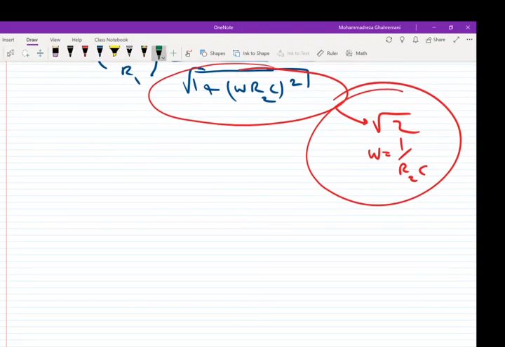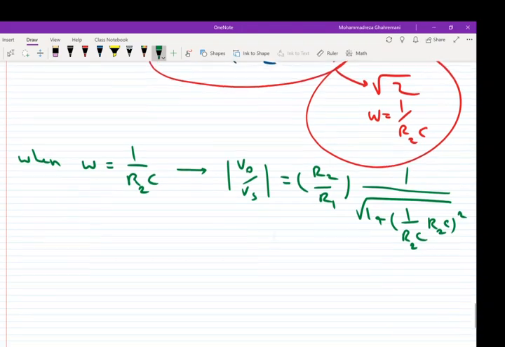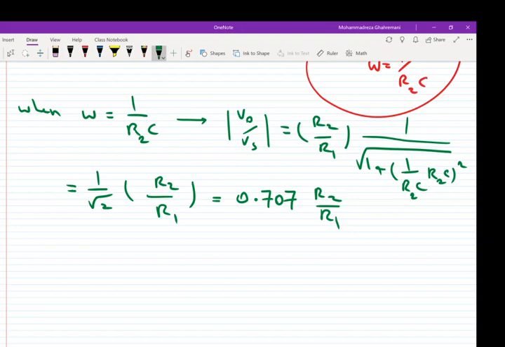So, we can say when omega is equal to 1 over R2C, VO over VS or Vin is equal to R2 over R1 times 1 over square root of 1 plus (1 over R2C times R2C) squared, which is equal to 1 over square root of 2 times R2 over R1, or we can say it's equal to 0.707 R2 over R1.